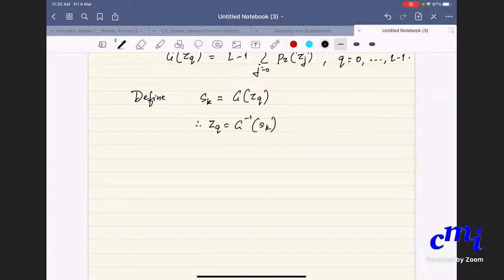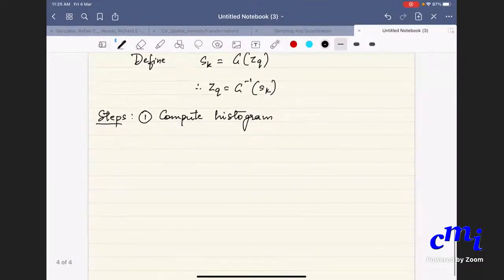To get this, we will simply look at the tabulated values. So the steps in this computation are as follows. One, you compute the histogram of the input image. It will take me time to write these steps, so I'll just say this and then write down in the notes later. First step is to compute the histogram of the input image. Then you equalize to get values of sk.